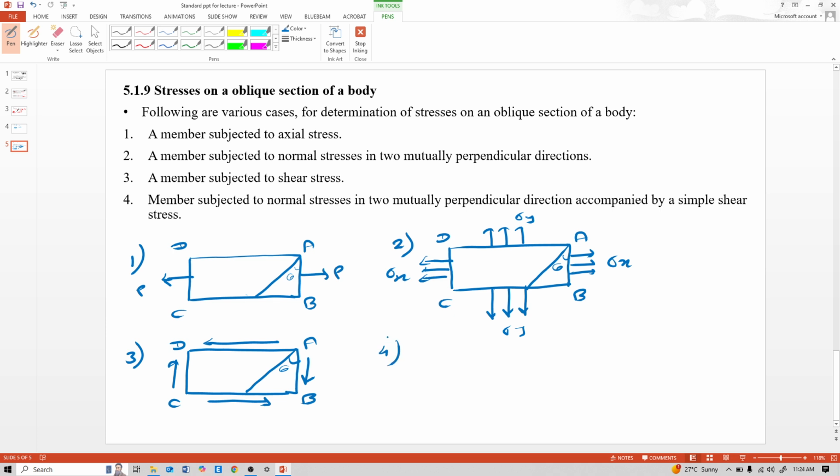And fourth is a member subjected to normal stresses in two mutually perpendicular directions, that is this case, and accompanied by simple shear stress, that means combining cases 2 and 3.